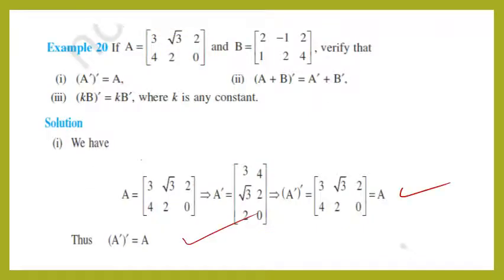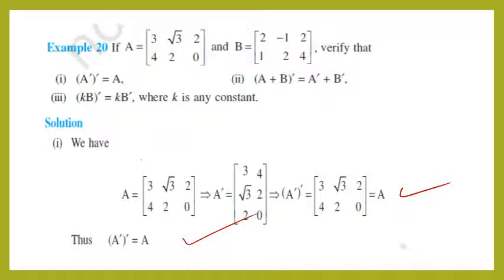Now, A is equal to the matrix 3, root 3, 2 / 4, 2, 0. B is equal to 2, minus 1, 2 / 1, 2, 4. Verify that A transpose the whole transpose is equal to A, (A plus B) the whole transpose is equal to A transpose plus B transpose, and (kB) the whole transpose is equal to k into B transpose.